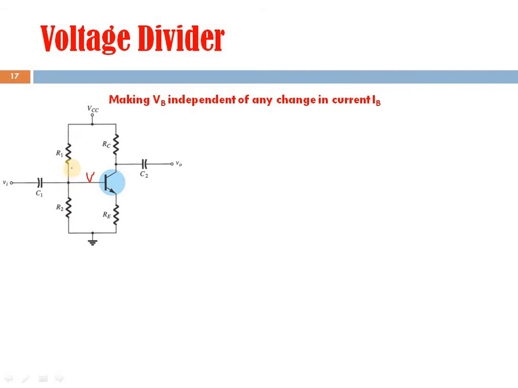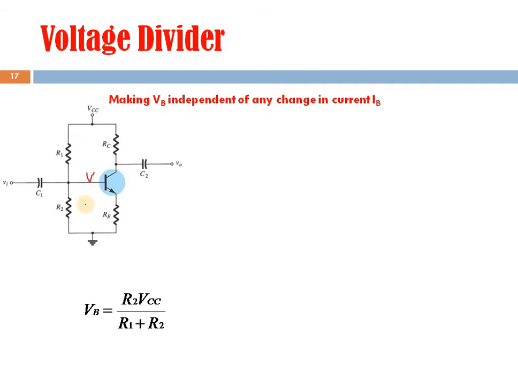And this arrangement here will decide how much VB we are getting, because VB will be given by this R2 by R1 plus R2 potential divider arrangement. But this VB may change, because you see this R2 is in parallel with the resistance which is coming here because of this arrangement, this base emitter voltage and this emitter resistance.